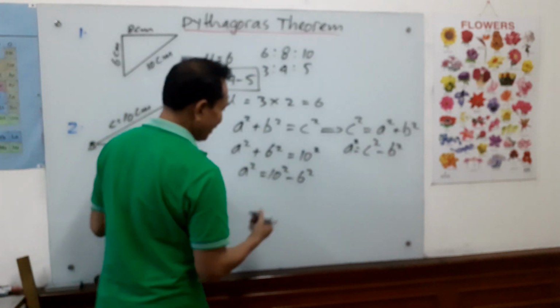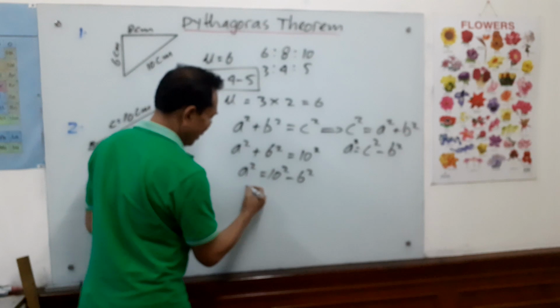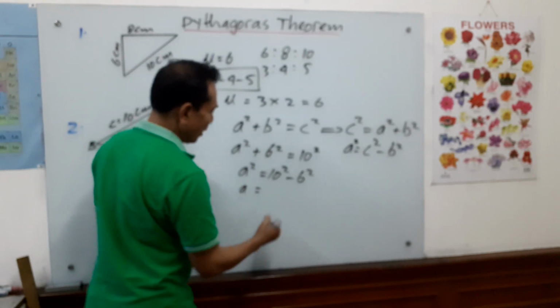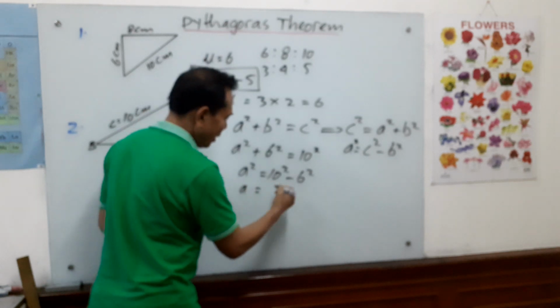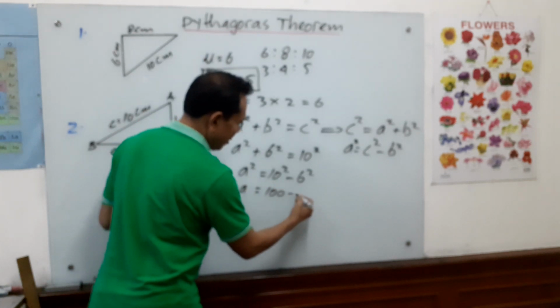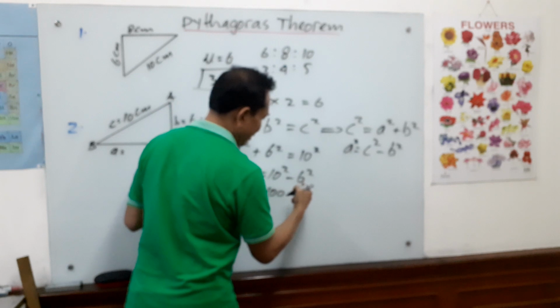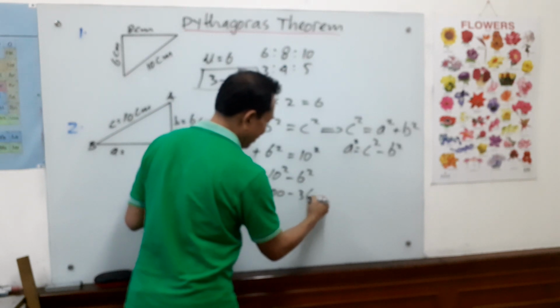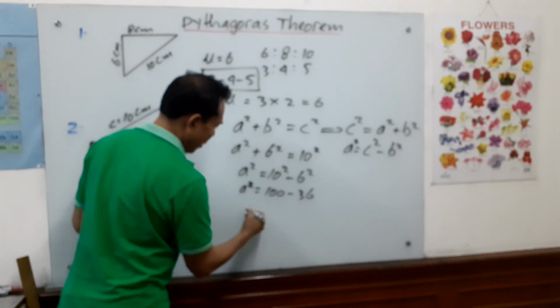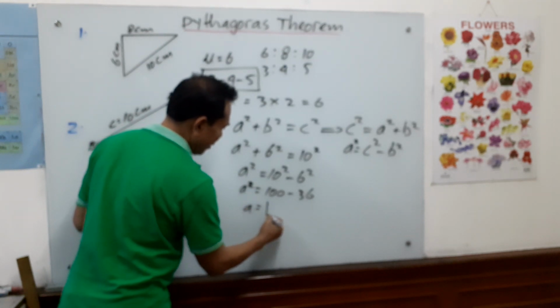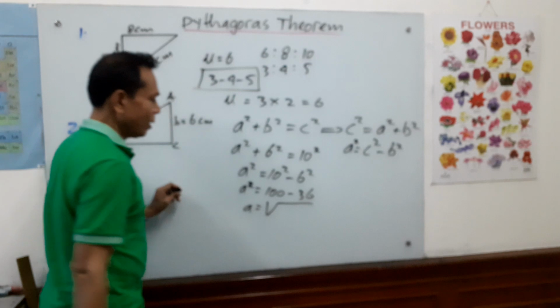Now, we can work this out. So, A square equals 10 square, which is 100, minus 6 square, which is 36. It's A square. Now, A equals, we put this under square root.